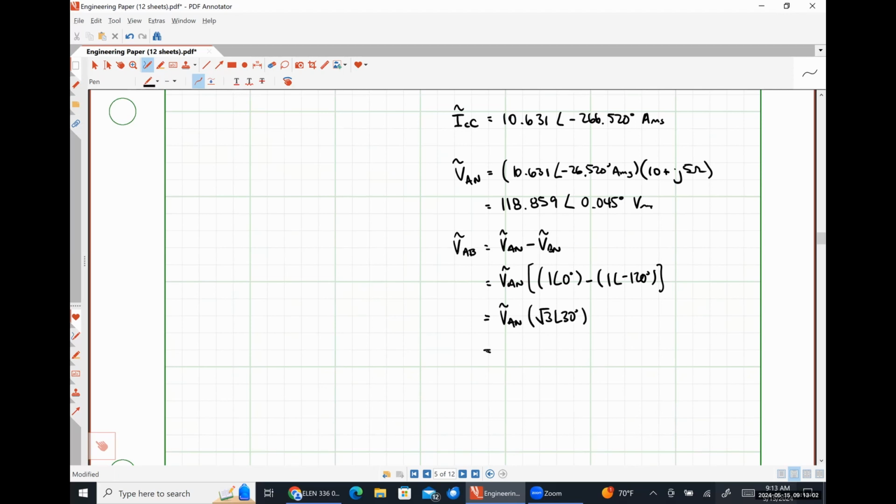So, I'm just going to take my answer, multiply it by square root of 3 with an angle of 30. And I get 205.870 with an angle of 30.045 volts RMS.